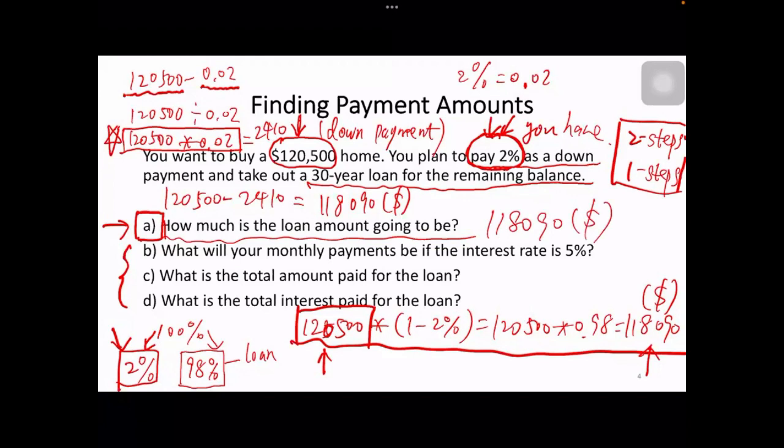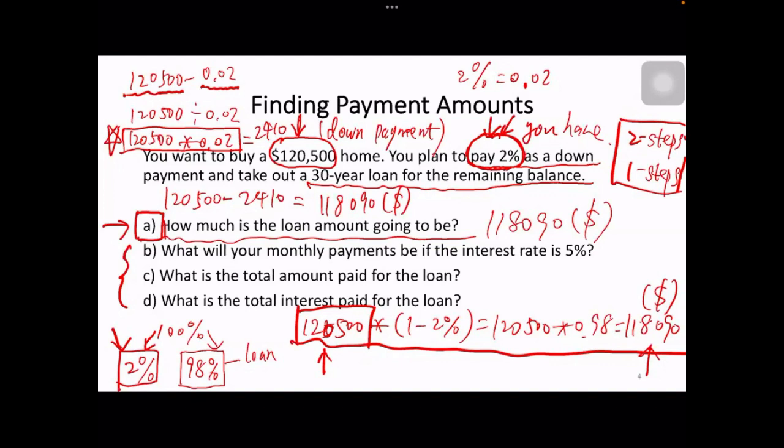And then the rest, B, C, D, the monthly payment, the total amount paid for the loan, and the total interest paid for the loan, that's exactly the same as the previous example we did together. Okay, now I want you to spend some time to finish B, C, and D. When you get an answer, please put it in the chat box.